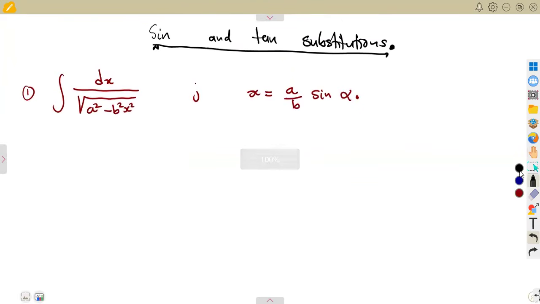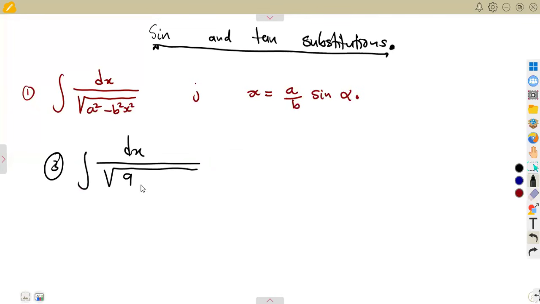Let's say we are given, let's just consider question 3, the integral with respect to x of the square root of 9 minus 16x squared. Using the substitutions of this format, x must be equal to a over b sine alpha.